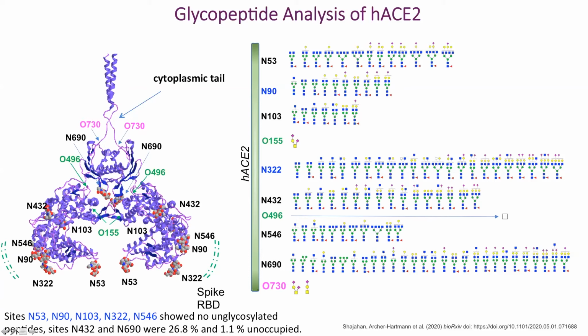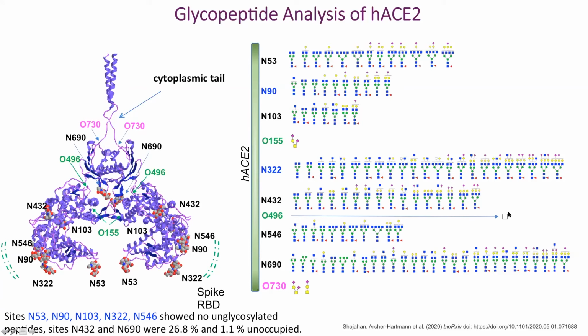I want to point out the O-link glycosylations. We have observed 3 O-link glycosylation sites on human ACE2: O155, O496, and O730. I pretty much will not talk about the O155 and the O496 because the percentage of occupancy in these was less than 1%, so we don't think these are significant.